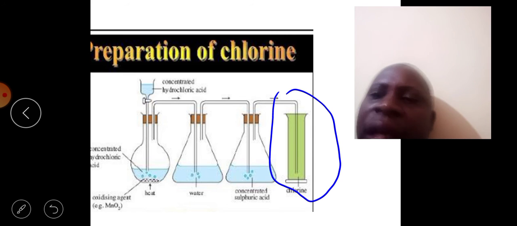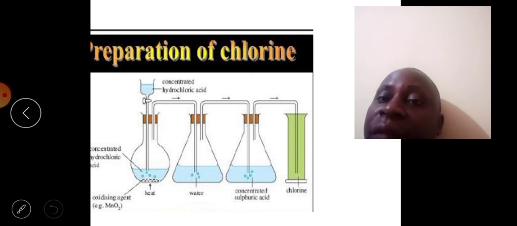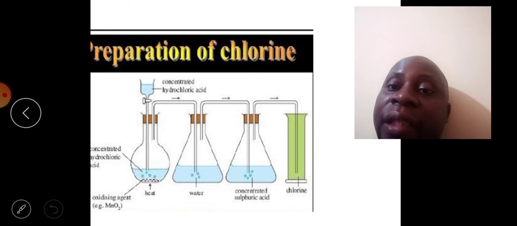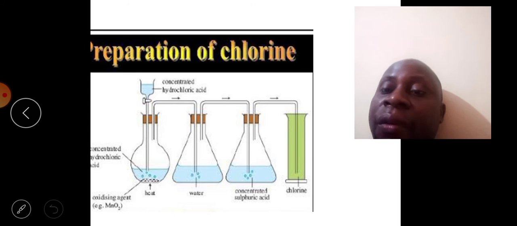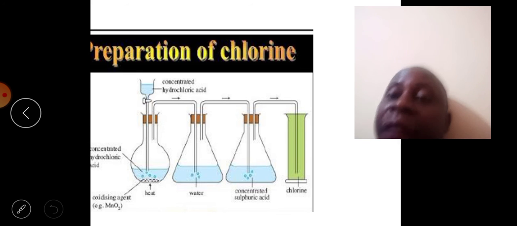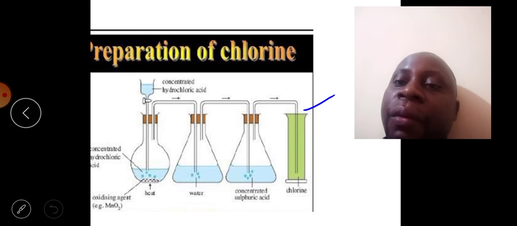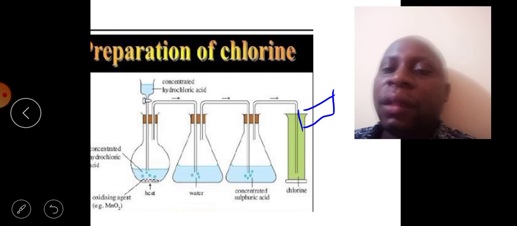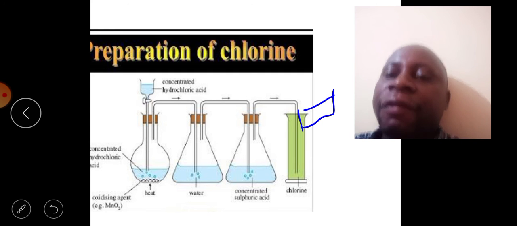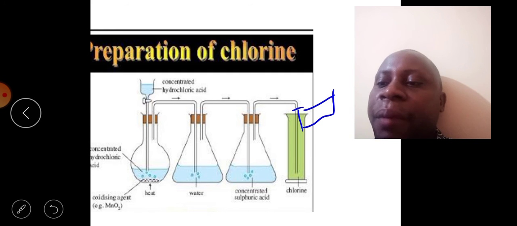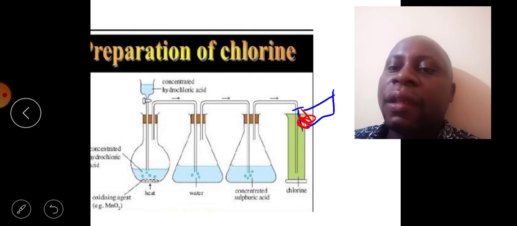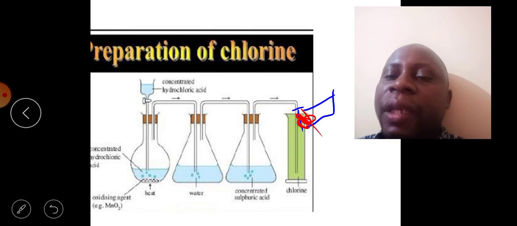The question is, how do you confirm that this gas jar is full of the gas? Okay, it is very easy. The gas is colored. Therefore, if the gas jar is full, you can easily see. But apart from that, you can place moist blue litmus paper on top here. So, when the gas jar is full of chlorine gas, the moist blue litmus paper will turn to red.